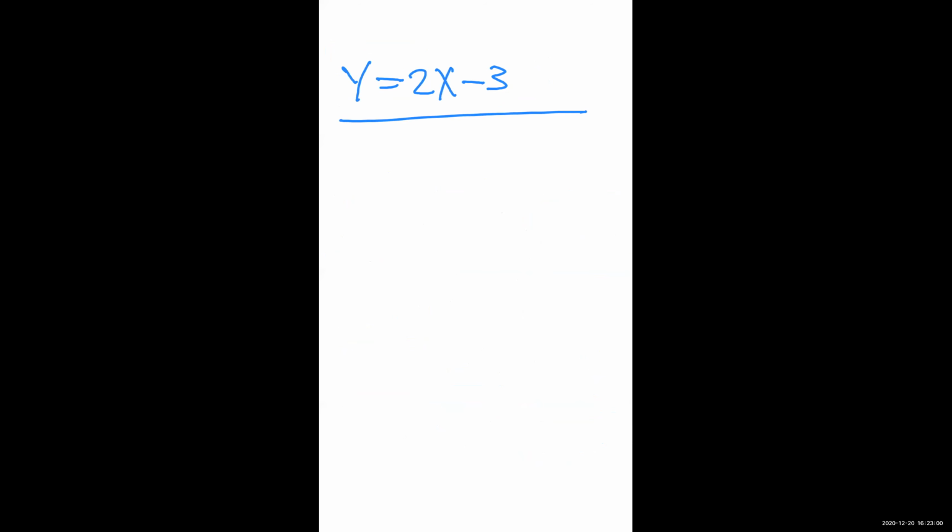Now, where is the slope in this equation? Actually, the slope will equal 2, right? Okay, so this means, guys, it equals 2 over 1. Are we clear? Yes. So 2 over 1 means the change of y over the change of x, right?